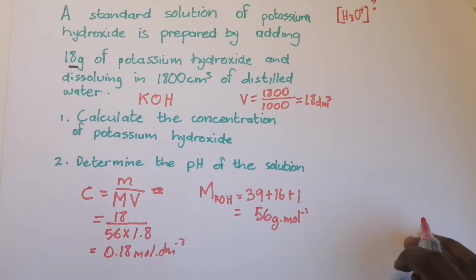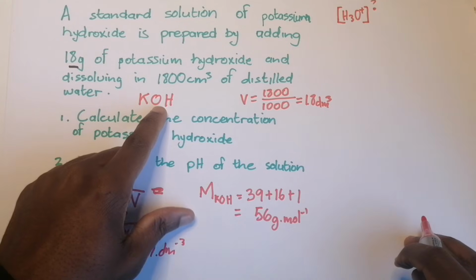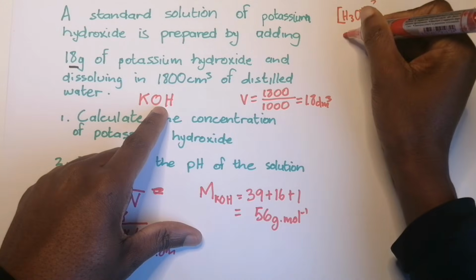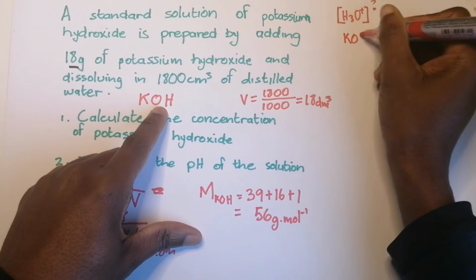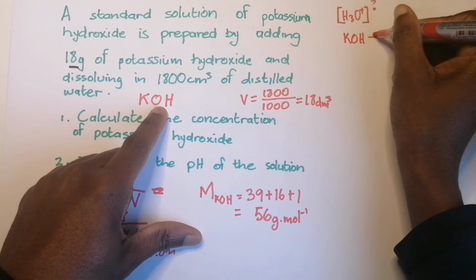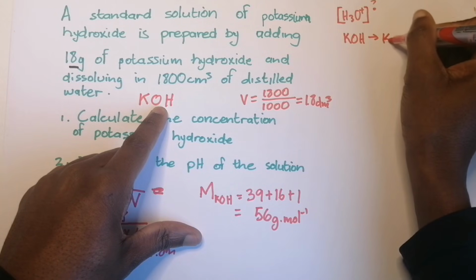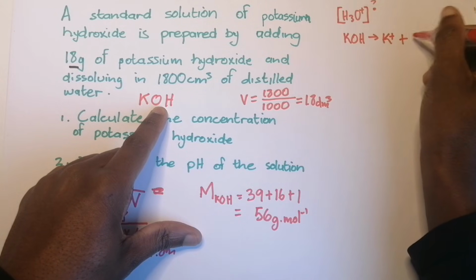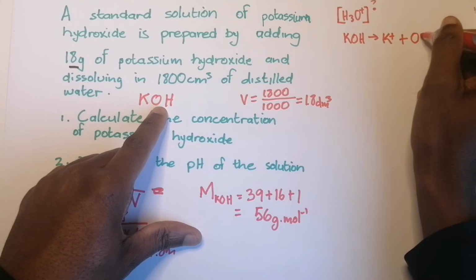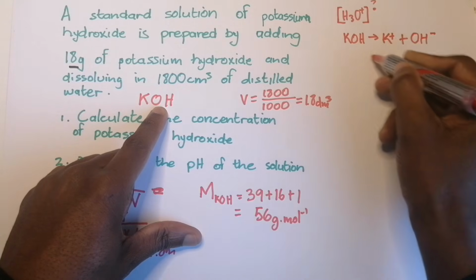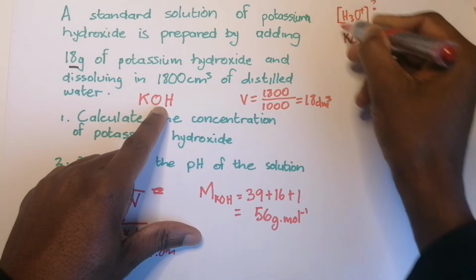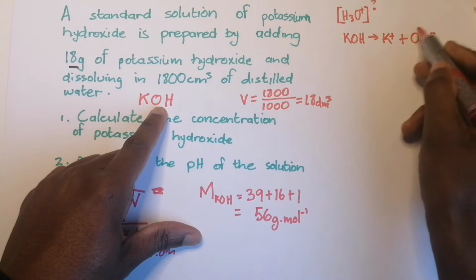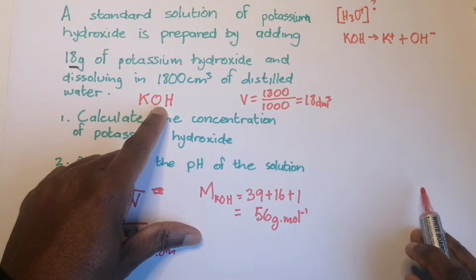So first of all, we ask ourselves, how does potassium hydroxide ionize? Potassium hydroxide becomes K plus and OH minus. So potassium hydroxide does not give me hydronium ions. What does it give me? It gives me hydroxide ions.